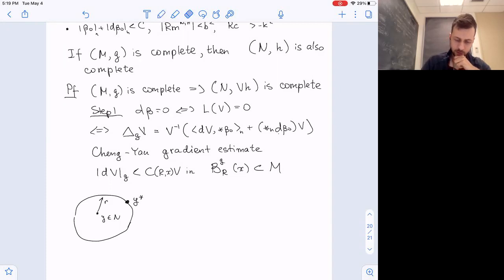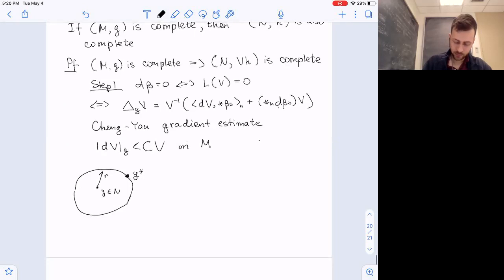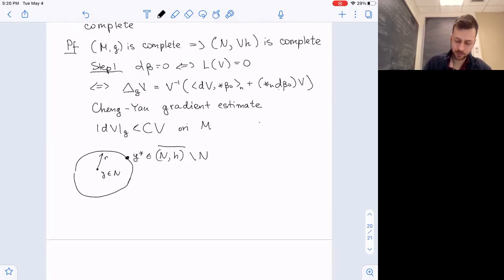Actually, sorry, this is of course true on the entire manifold. So this point y star is missing. So y star belongs to the metric completion of N minus N itself.